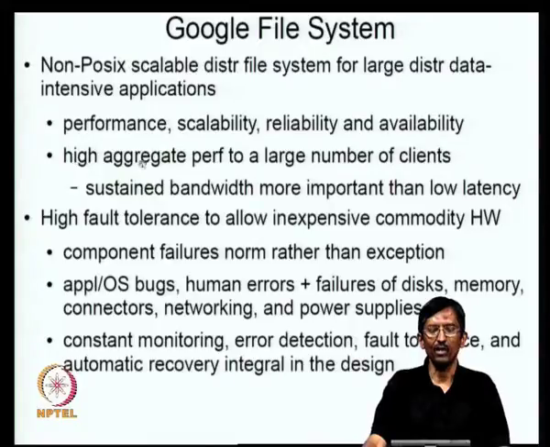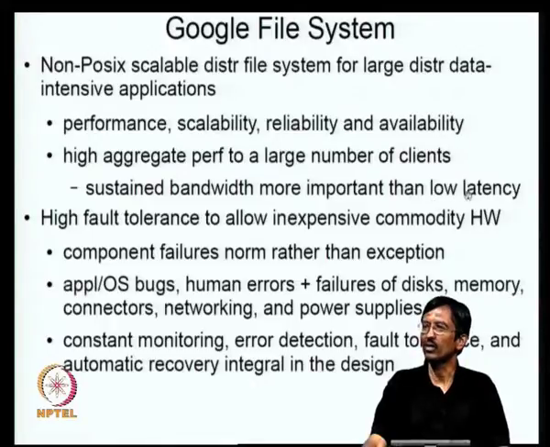The most important thing is it has to have high aggregate performance for a large number of clients, okay, because the population using the Google file system could be, at any point in time, multiple millions, tens of millions. So, you need to figure out how to supply this. And sustained bandwidth is more important than low latency. Okay.